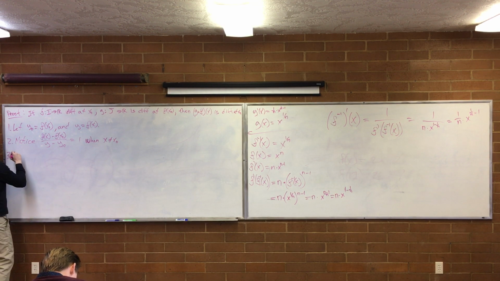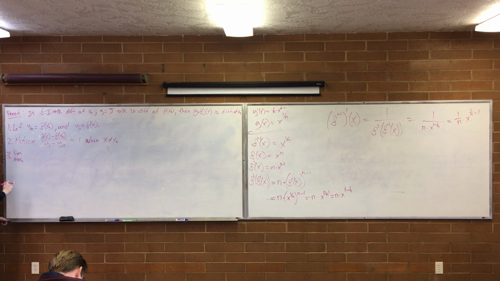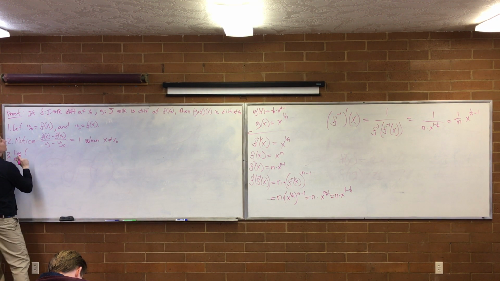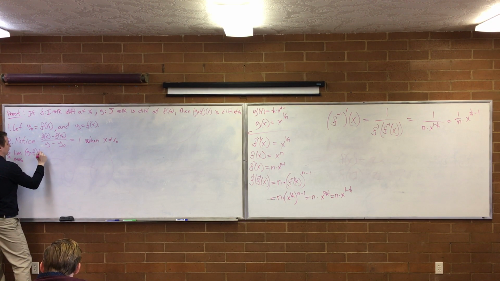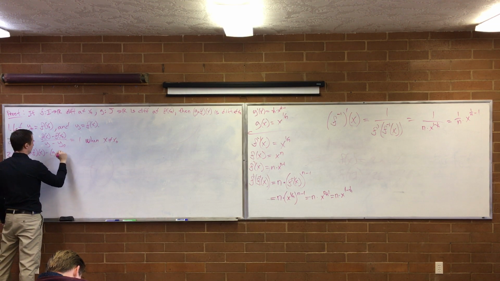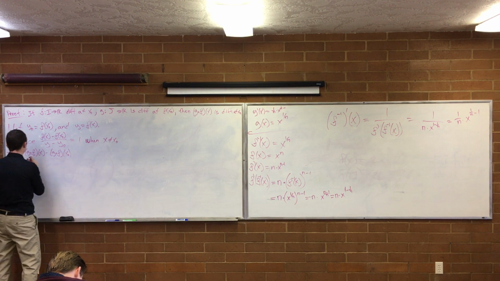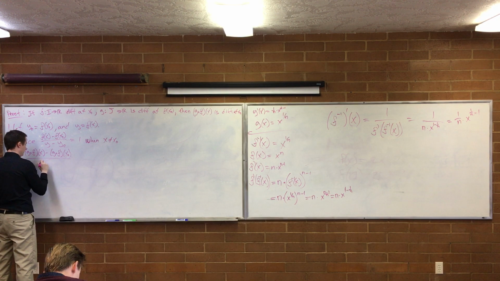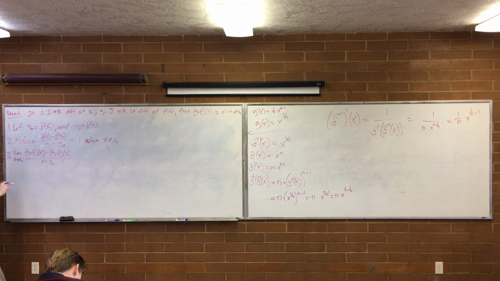So, we're doing the limit as x approaches x naught of g composed with f of x minus g composed with f of x naught over x minus x naught. That's what we're evaluating, right?